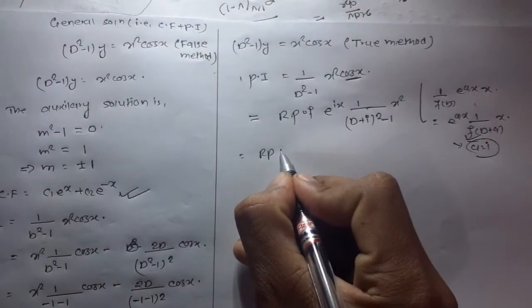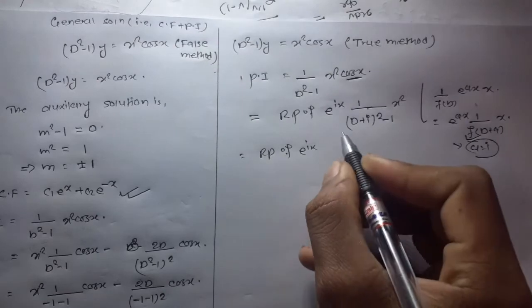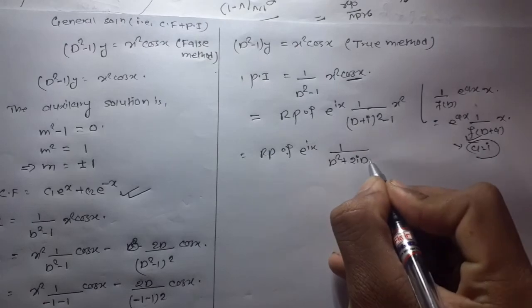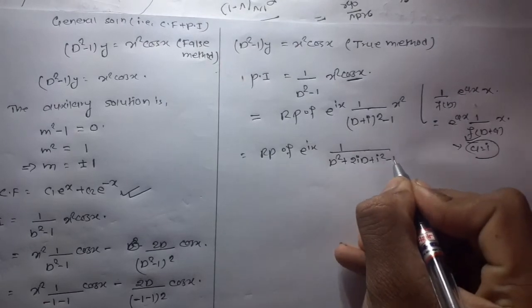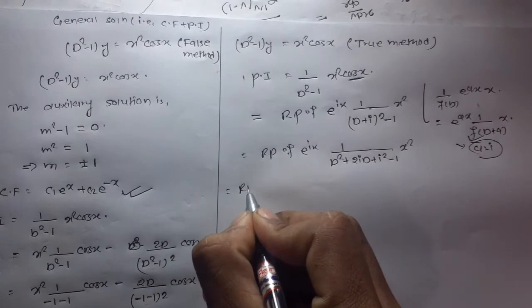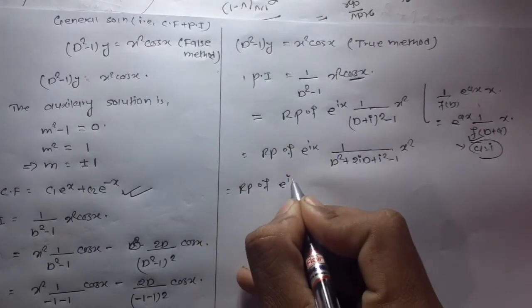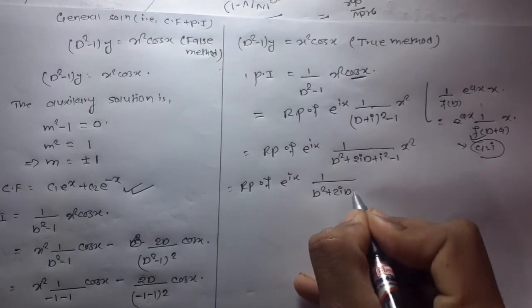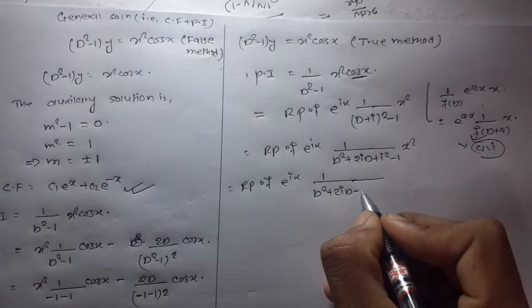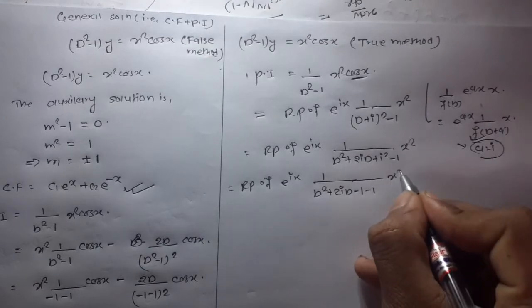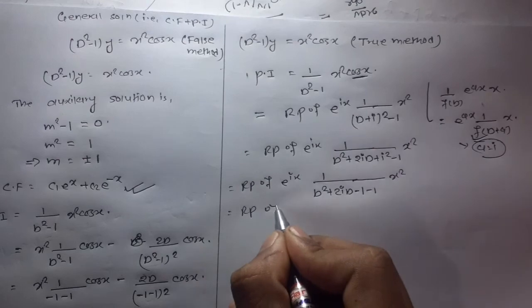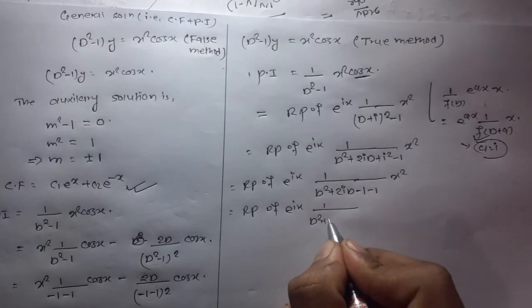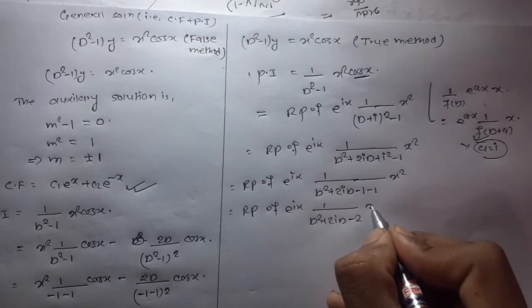So this is the real part of e^(ix) · 1/(D² + 2iD + i² − 1) x². So this is the real part of e^(ix) · 1/(D² + 2iD − 1 − 1) x², since i² is −1. So this is the real part of e^(ix) · 1/(D² + 2iD − 2) x².